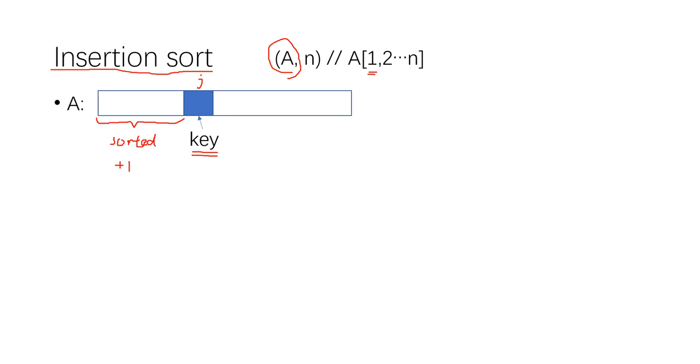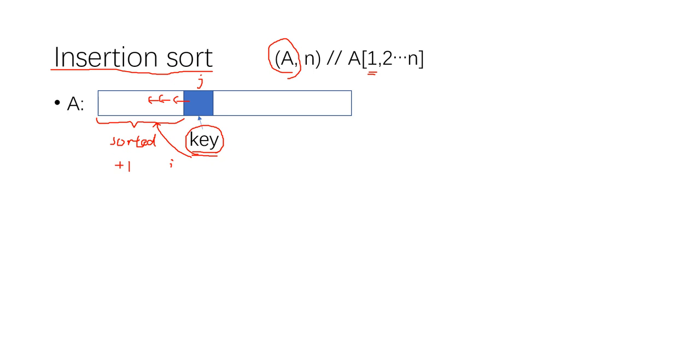How do I do that? I compare the key to the previous numbers until I find a place, and I will put the key there. That's the operation of insert.